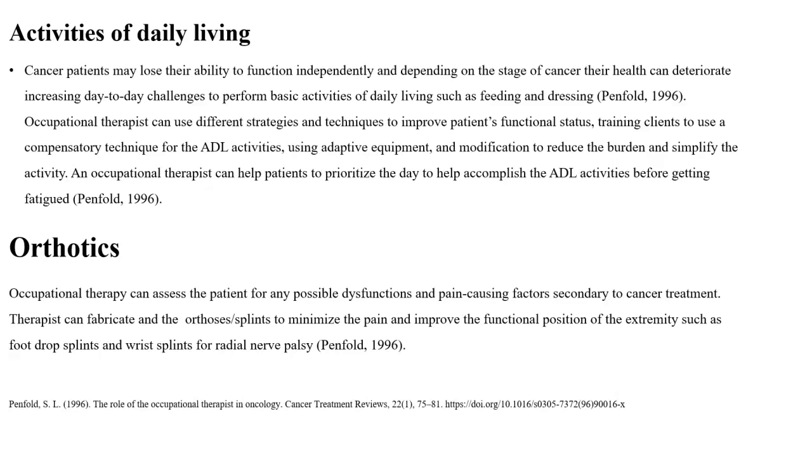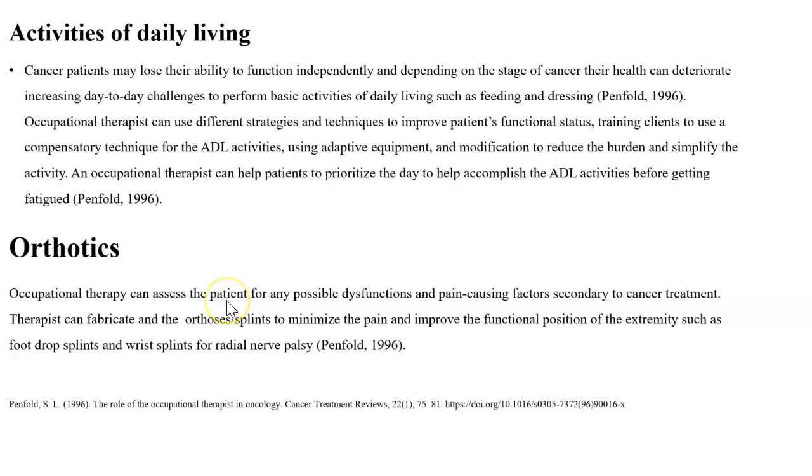a foot drop splint. If they have spinal cancer, you have to understand the limitations they have, the body deficits, and if they are unable to walk due to foot drop, you might be making a splint or providing application of the splint for them at night, or wrist splints for radial nerve palsy.